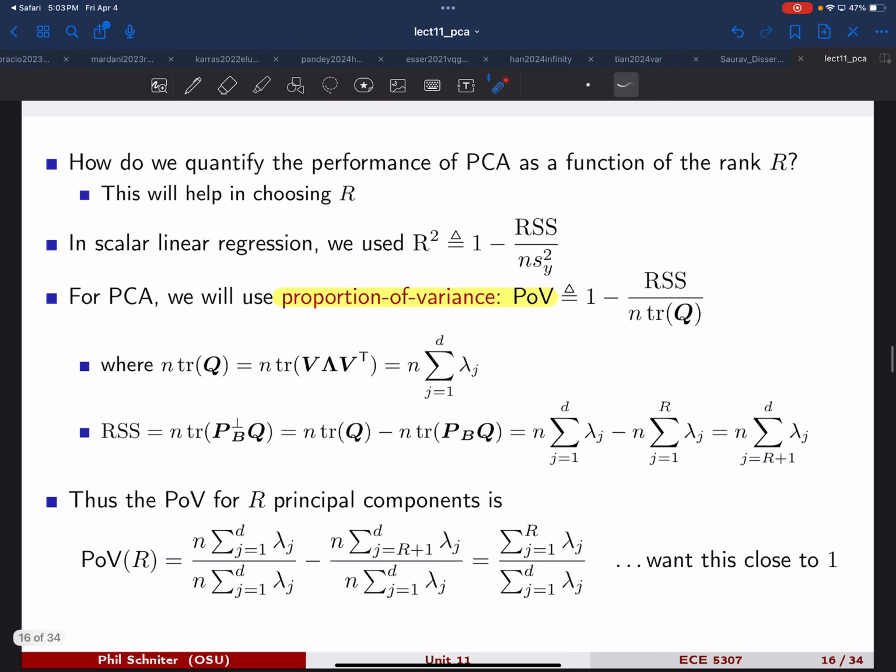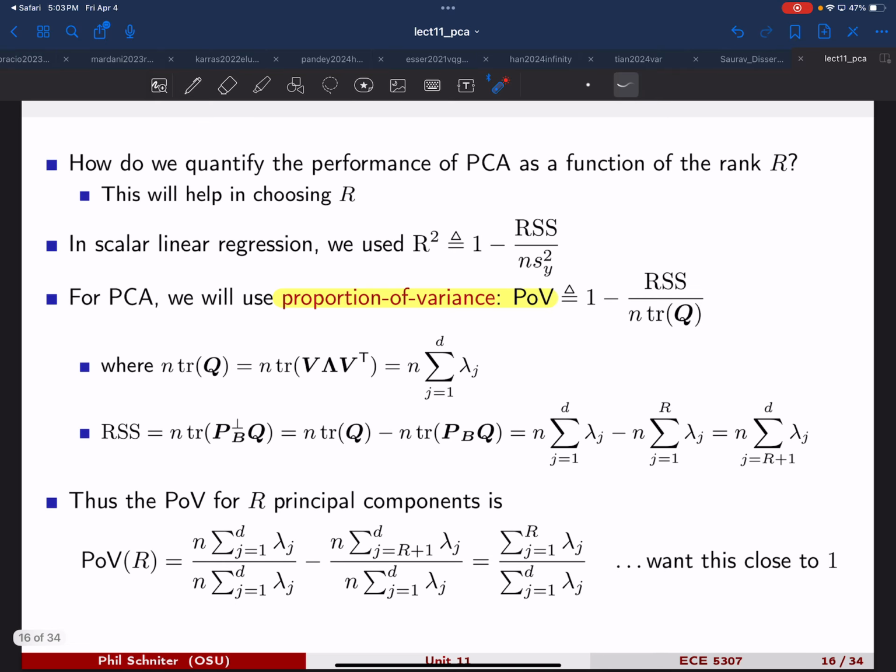So let's see the details now. Okay, what is this n trace Q? Well, we already saw for Q, we have this eigenvalue decomposition, and we can move this over to this side, at which point it cancels the other V, and then you can see that n trace Q is just this quantity. For RSS, we also saw that this is the loss we derived earlier, and we can split this into 2 terms.